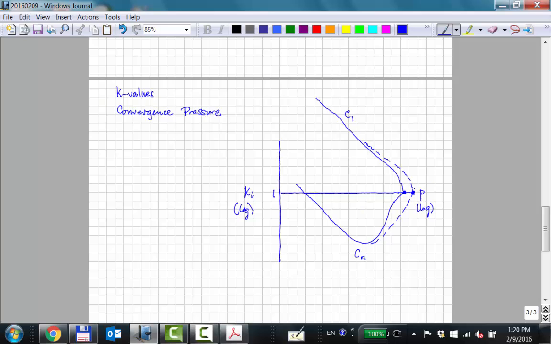Okay? And obviously at the convergence pressure, all of the K values approach 1, meaning that the equilibrium composition of gas is equal to the equilibrium composition of the oil, at least approaching each other.